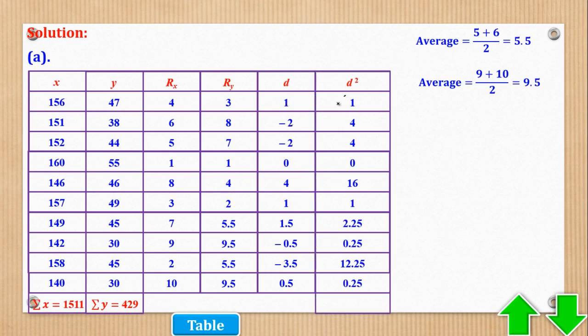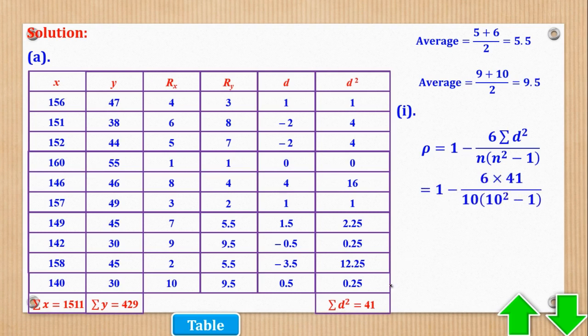Then we need to get the total of all these. So the total will be 41. That total is what will help us to calculate our Spearman's rank correlation coefficient. So quote the formula and substitute. n is the number of pairs: 1, 2, 3, 4, 5, 6, 7, 8, 9, 10. That's why you see 10 here. Then use the calculator.